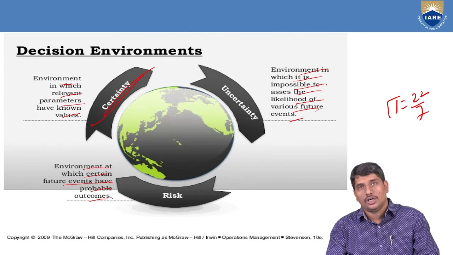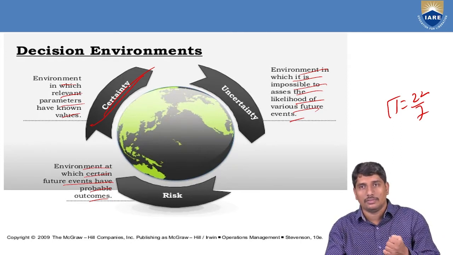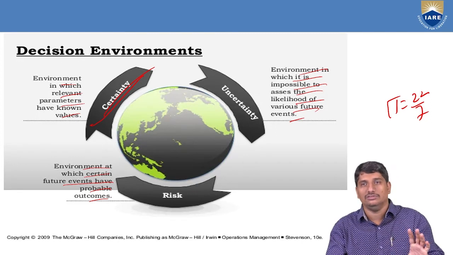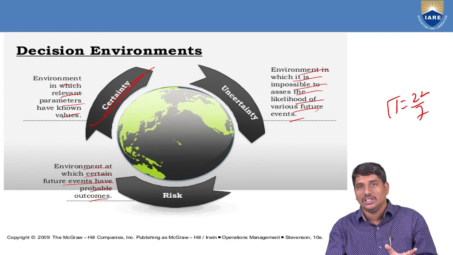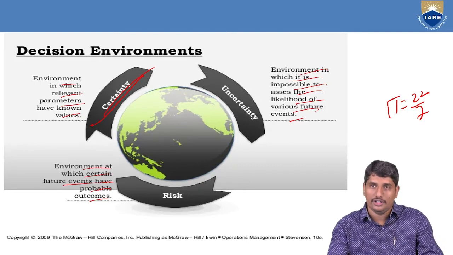Risk means it may give either a big profit or a big loss, and it purely depends on our intuition. Risk means it is highly uncertain: either we can gain largely, or we may lose largely.